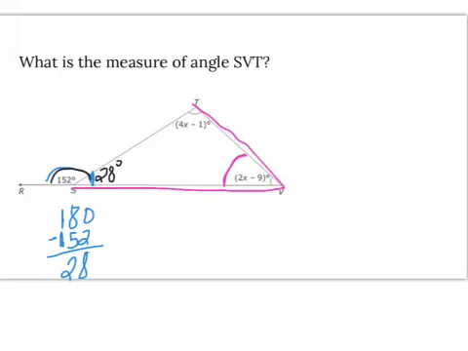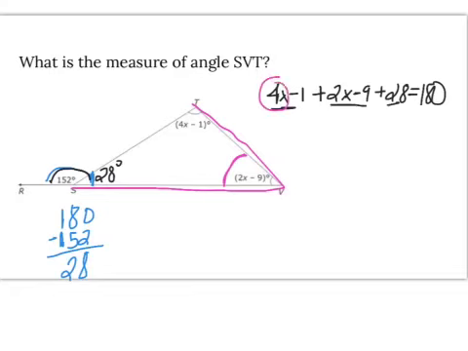So now I have all three angles. I'm going to set that equal to 180. So 4x minus 1, my first angle, plus 2x minus 9, my second angle, plus my third angle, which we know now is 28, all has to equal 180. From here I can combine like terms because the left side is really long.